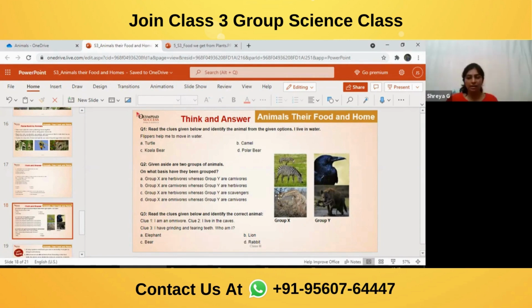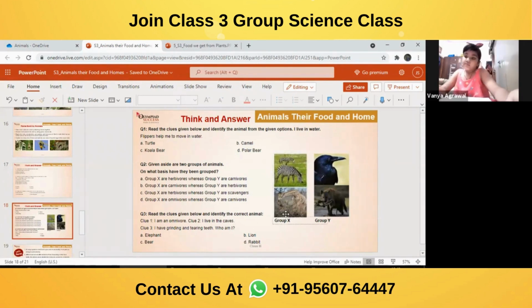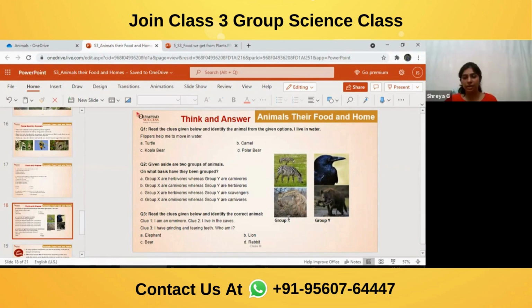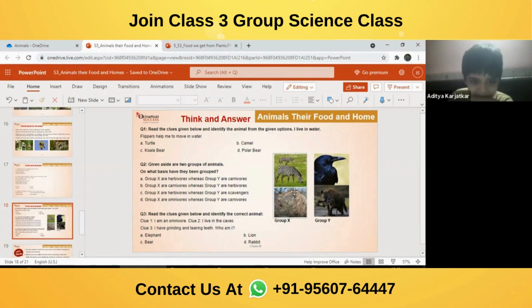Question 2. Two groups are here. You can easily see the picture and detect without seeing the answer. Aditya, the first group is which type of animals? Group X. Aditya, unmute yourself. Yes, speak fast. What are they eating?